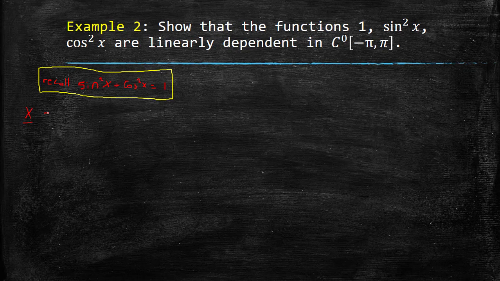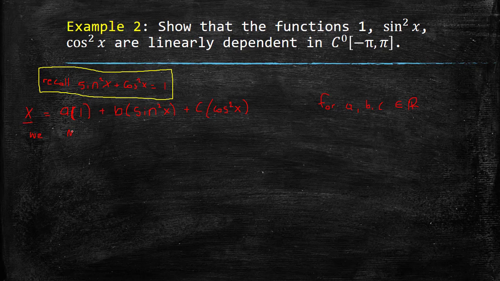So if you say some vector x can be written linearly such that a times 1 plus b sine squared x plus c cos squared x, for a, b, and c in R.